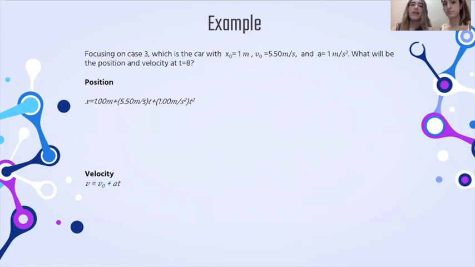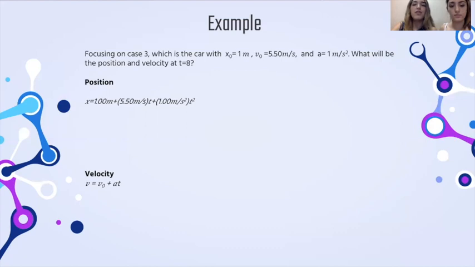So here we have an example where we are going to calculate the position and velocity of the car of case 3 at time 8. Here, to calculate the position, we have to use the position time equation for the car. So the initial position, as we saw, is 1 meter. The initial velocity is 5.50 meters per second, and the acceleration is 1 meter per second squared.